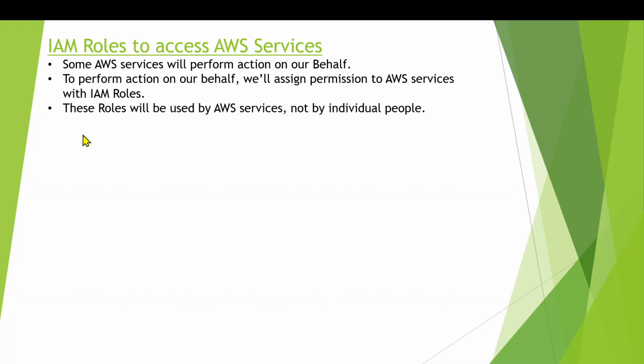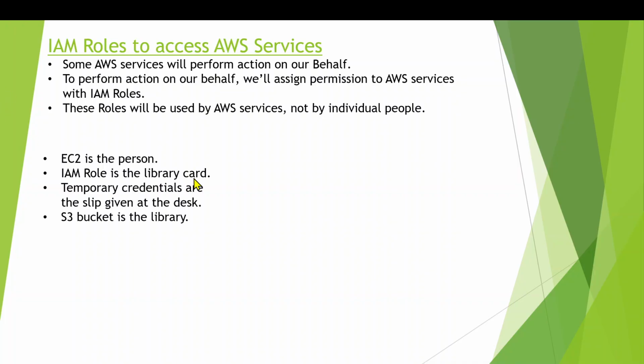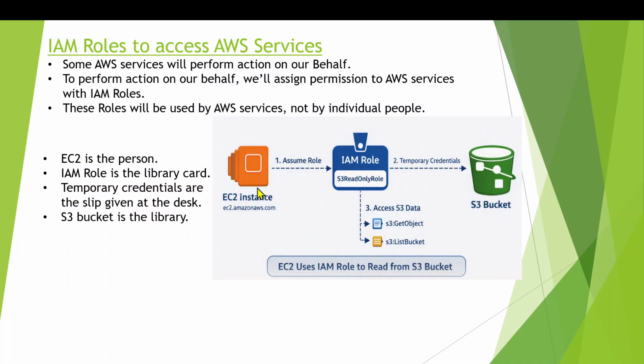If I put that in an example, let me put it here on this diagram. You see on the left side, we have an EC2 instance. EC2 is like a virtual server, and this virtual server wants to read a file which is in the S3 bucket. S3 we will discuss in detail later.